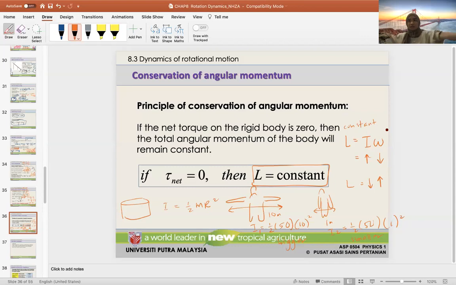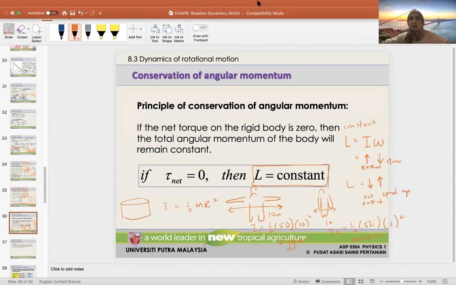So when she is extending her arms, she increases her moment of inertia, and slows down. When she is not extending, she speeds up.